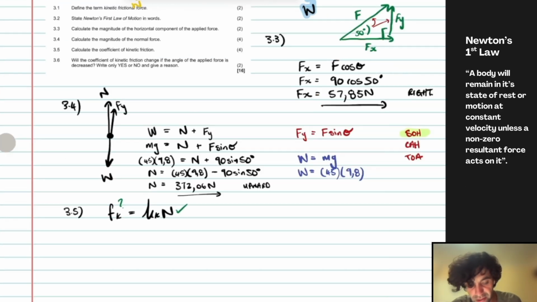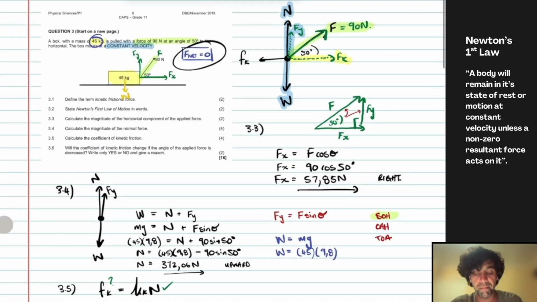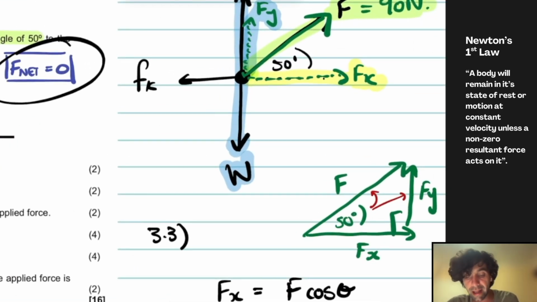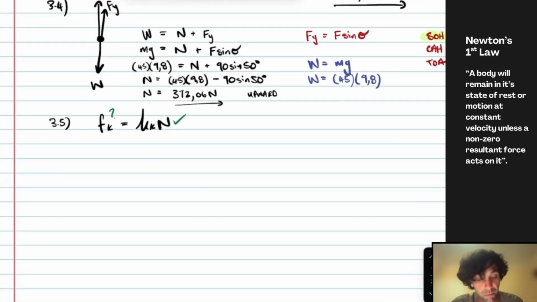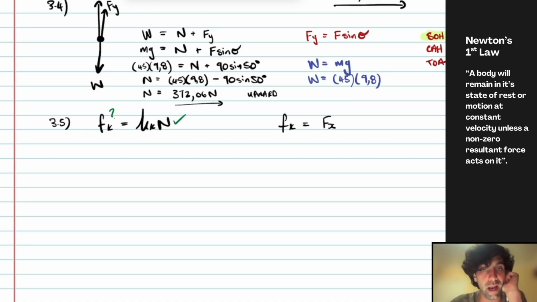So my question is, can we figure out what the kinetic frictional force is equal to? And we can. Along this horizontal we only have two forces, one acting left, one acting right. Because our F net is equal to 0, we know that they must be equal to each other. So we can say that Fk is equal to the horizontal component of my applied force. So we know this to be true.